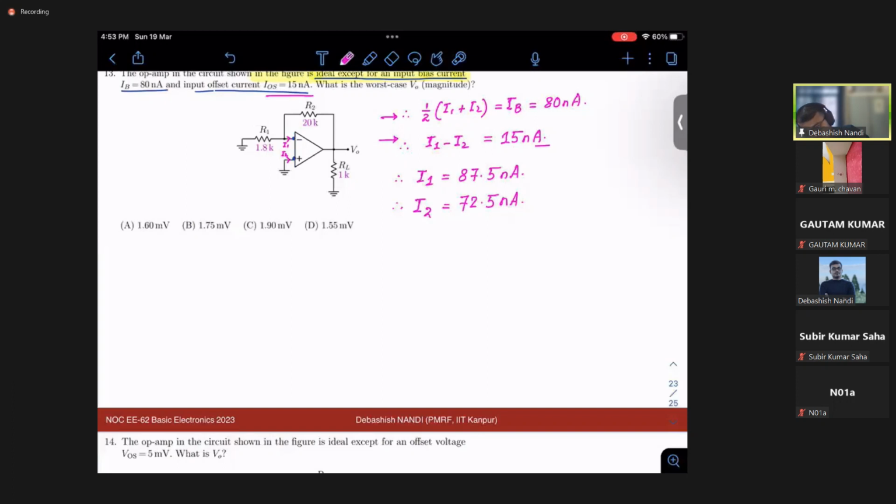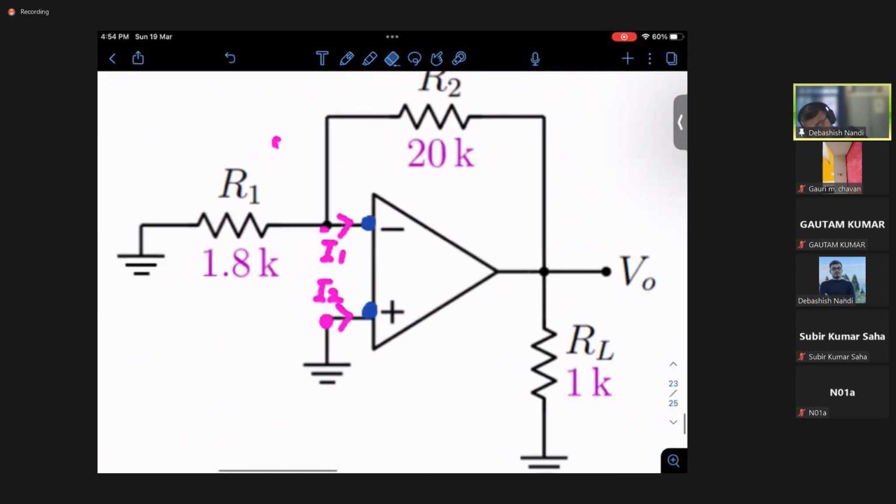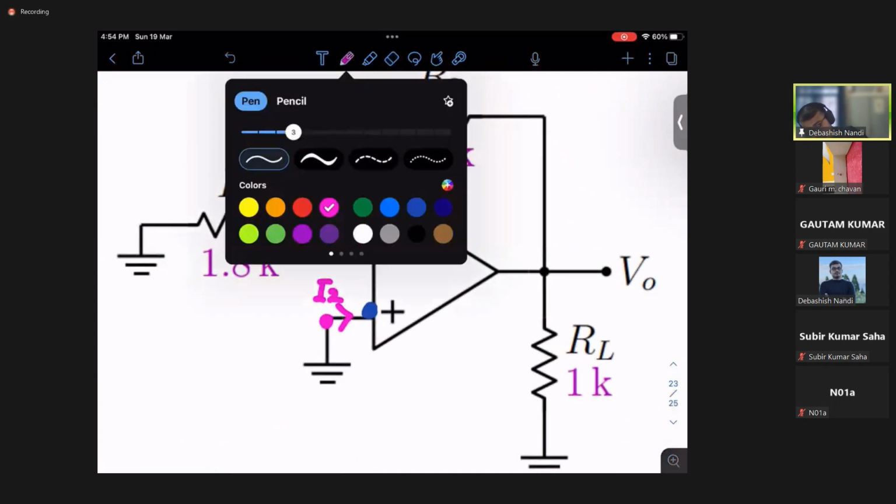How will KCL at this node look? Let me blow it up and show you. This will be grounded because the virtual short is valid, as no offset voltage needs to be considered. This is grounded, this is grounded.